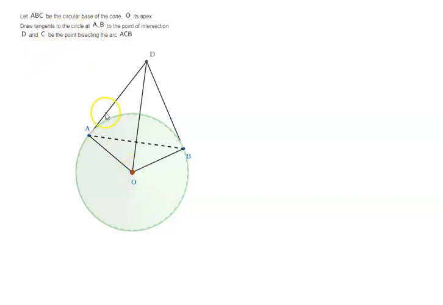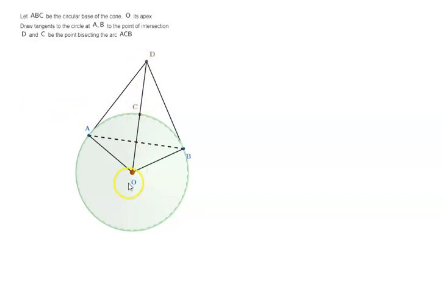Draw tangents to the circle at A and B to the point of intersection D, and let C be the point bisecting the arc ACB. So we bisect this arc AB at C. So let me mark that point C.